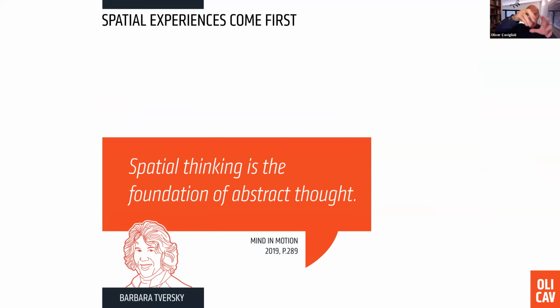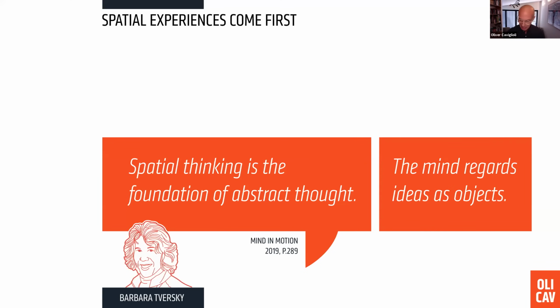So instead of having tiny bits of research, she put it together in this coherent schema. And this is her expression of it. The mind regards ideas as objects. So what I just showed you, if instead of objects, they were ideas and we put them in a container and we push them towards the goal, you'll see how that pretty much covers most of our thinking.